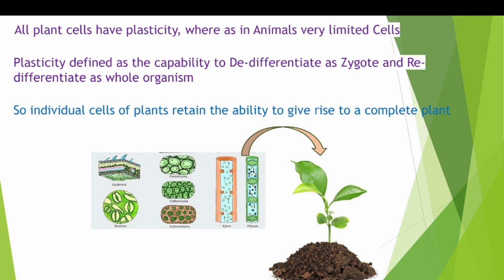They can de-differentiate and again regenerate as a whole plant. That is called plasticity. So the totipotency property of all plant cells is mainly due to their plasticity. Because of plasticity, whatever cell you take from the plant, that cell can generate an entire plant. So this is called totipotency.